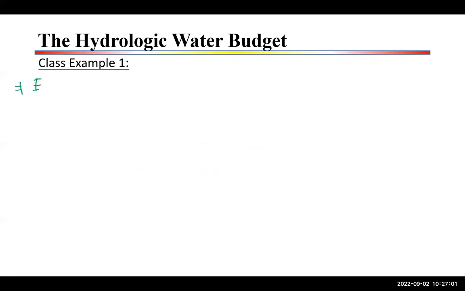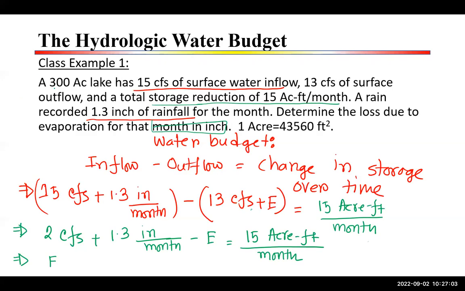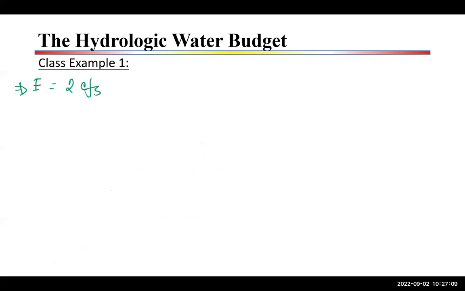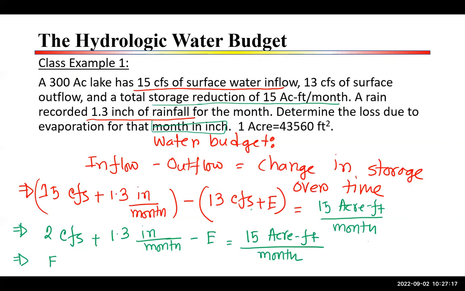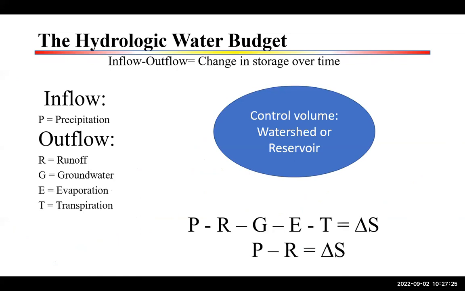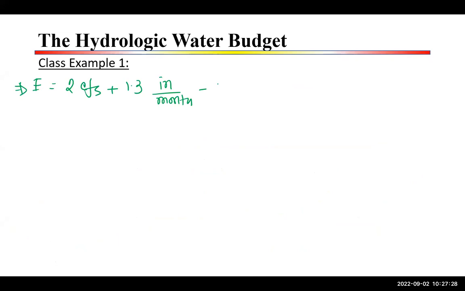So E equals 2 CFS plus 1.3 inch per month minus 15 acre feet per month, right? So that means 2 feet cubed per second.